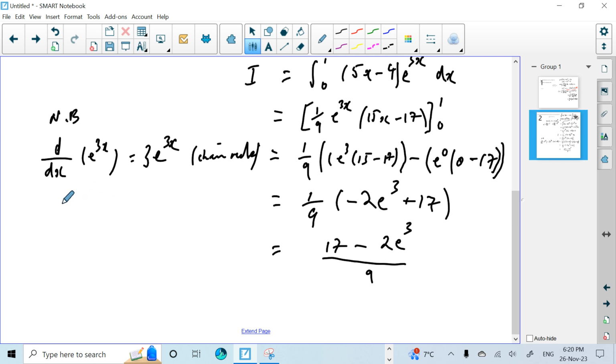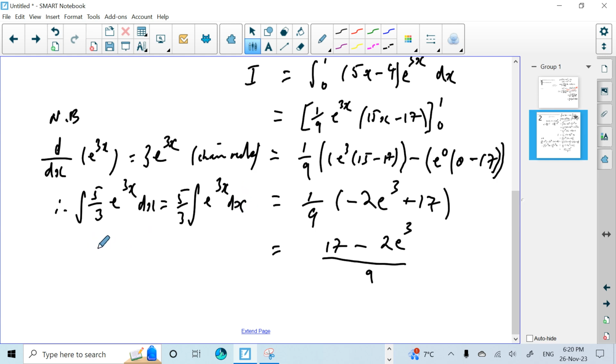And therefore, the integral of 5 over 3 e to the 3x dx is equal to 5 over 3 times the integral of e to the 3x dx.